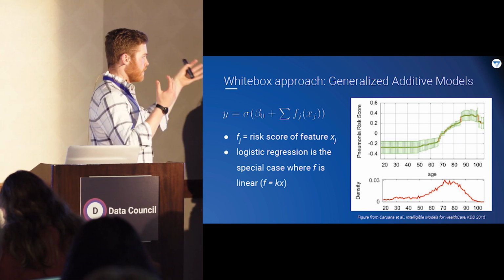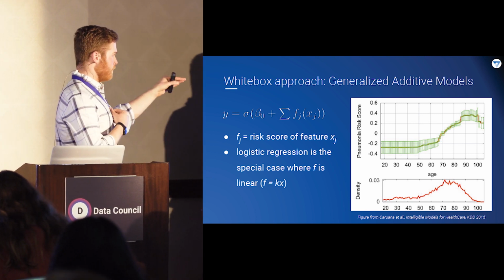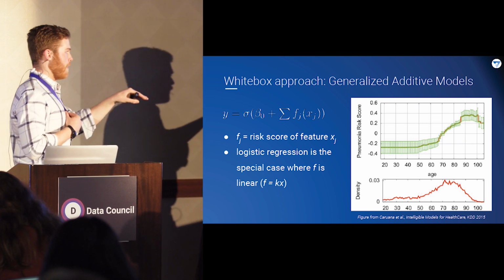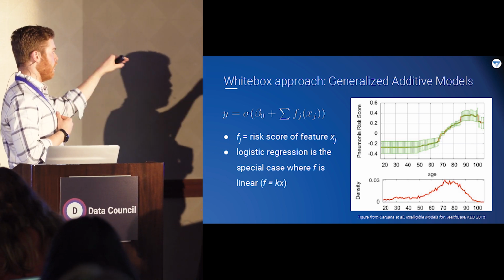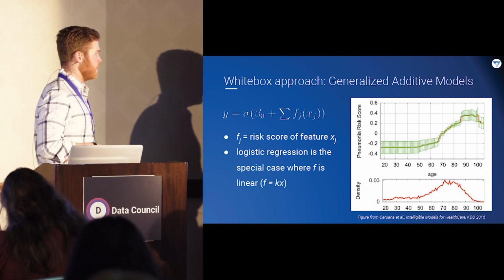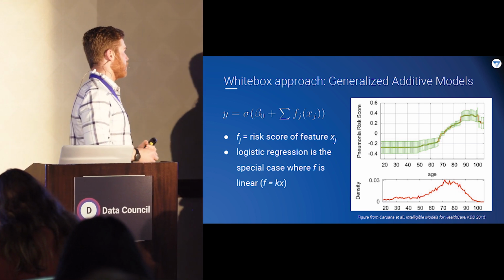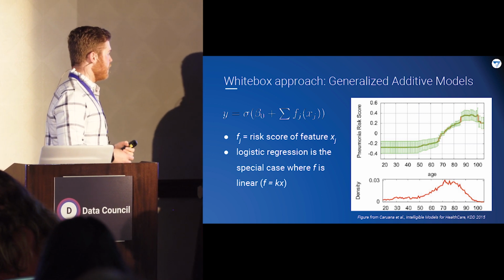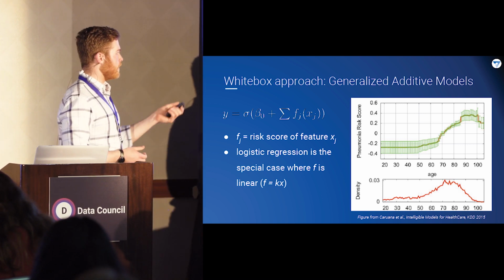But if you look at this by itself, you can see, okay, I know deterministically the impact that increasing my age will have on the activation that then gets passed through the link function to get my odds, y, which is the risk of death from pneumonia in this case. Here we can observe an interesting pattern.